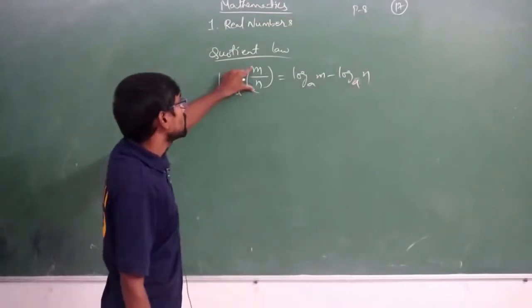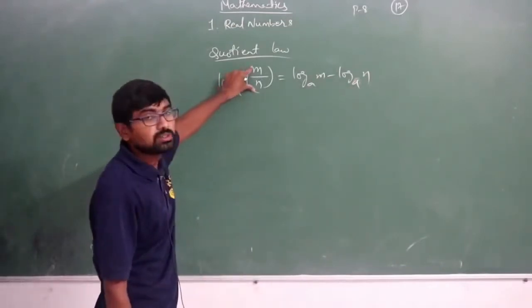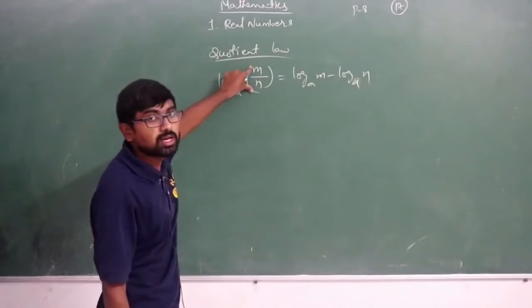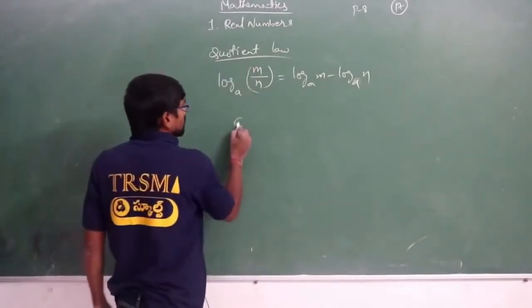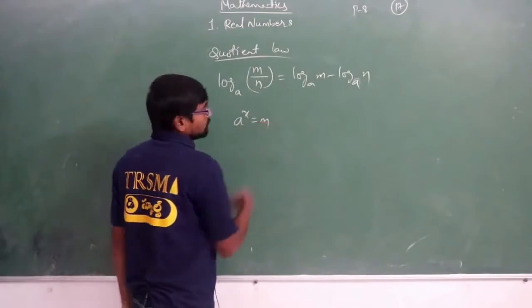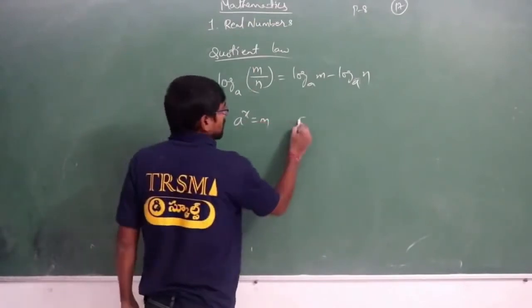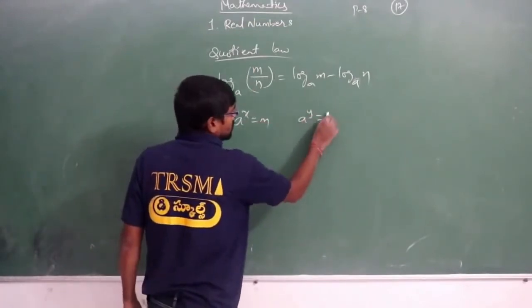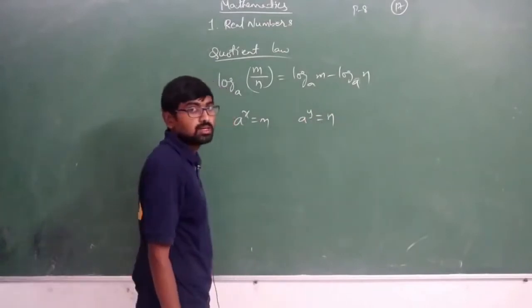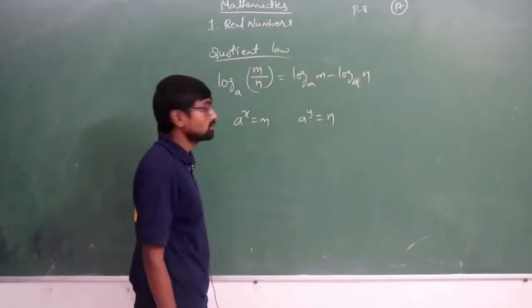So here what are we getting? The quotient, that is, we are just dividing m by n. So how will we do it? Let us take a power x is equal to m, and a power y is equal to n.